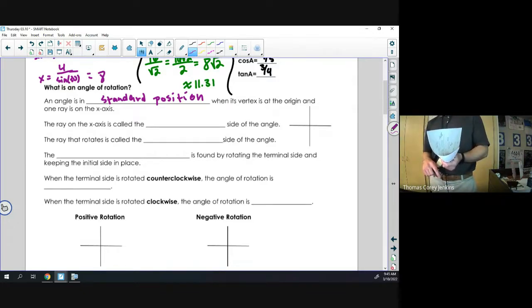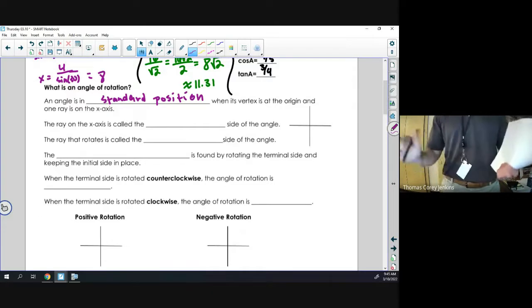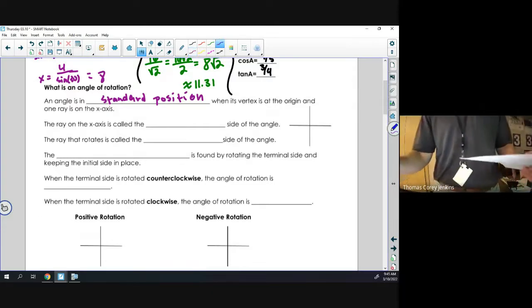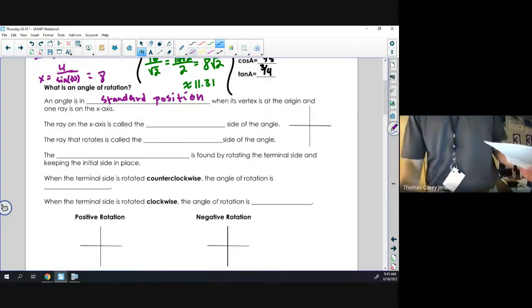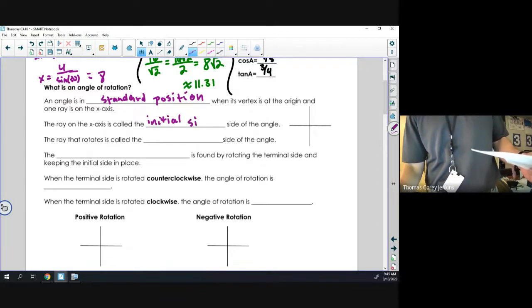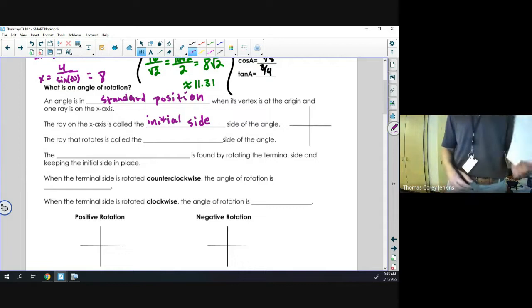Then we say the ray on the x-axis, that's kind of our starting point, we call that the initial side. Initial side, or starting point, to put it more simply.